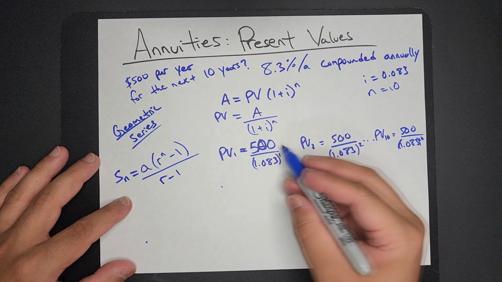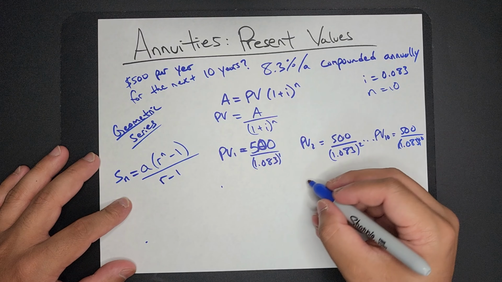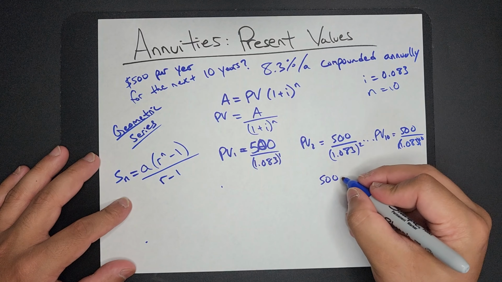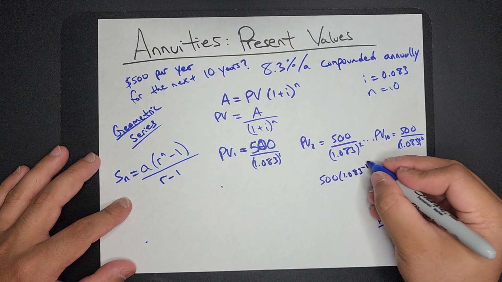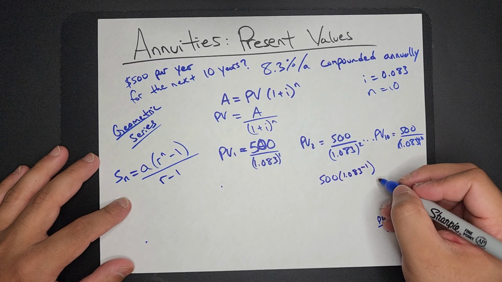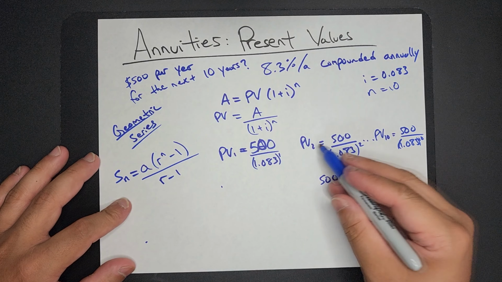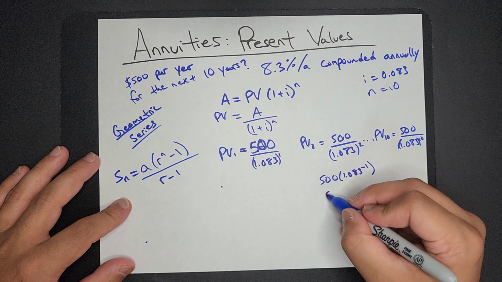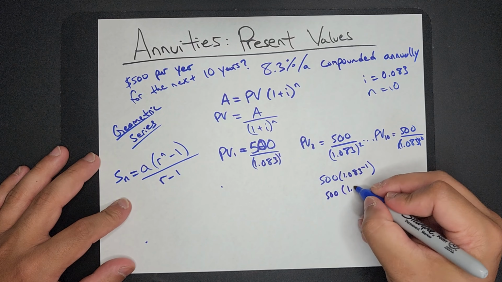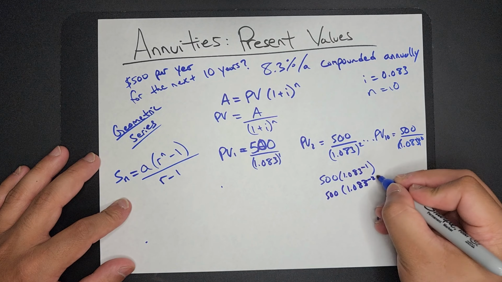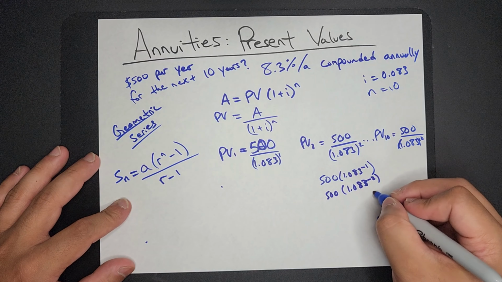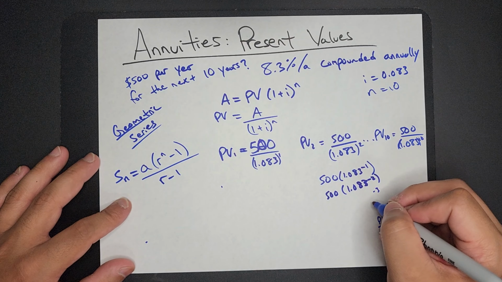So if I was to write PV1 out, it would actually be 500 times 1.083 to the negative 1. And then the next term would be 500 times 1.083 to the negative 2, negative 3, and so forth.